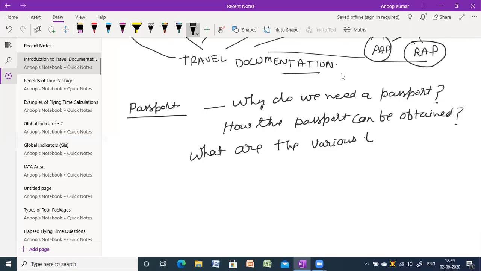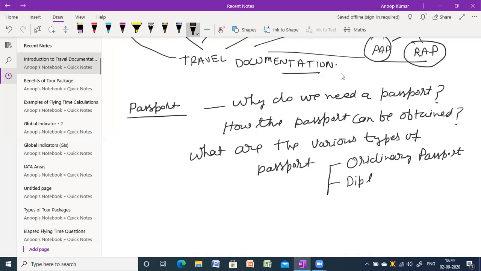If I tell you, there are three types of passport. One is the ordinary passport, then we have a diplomatic passport, then we have a VVIP passport. So these are the three types of passport which we are going to study.